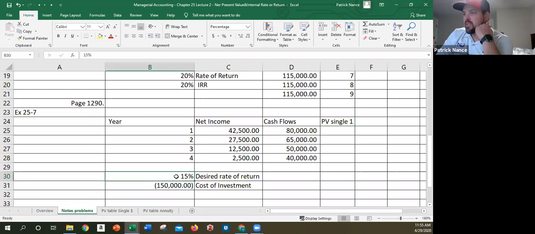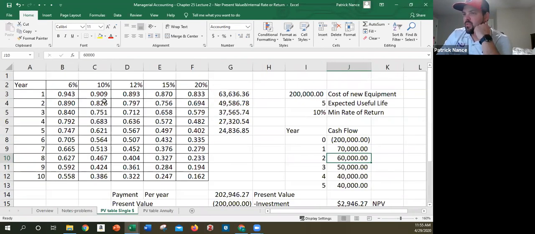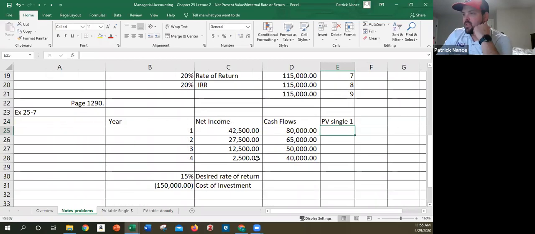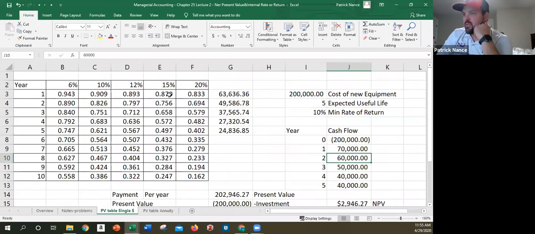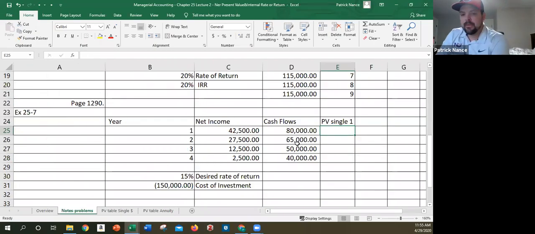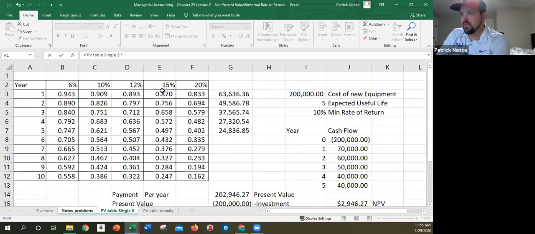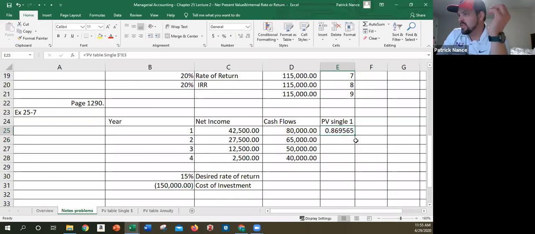Okay, so I got 15%. I got year 1, 2, 3, 4. So I got to go find the factors for years 1, 2, 3, and 4 under 15%. So I got 15% here, 1, 2, 3, and 4. I'm just going to reference those so I don't mess up any typos. Make this easier.